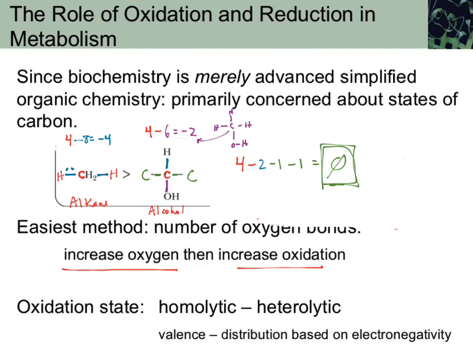The other way is to go through and say, well, what happened to the amount of oxygen bonds? Did the oxygen bonds increase? That's oxidation. Did they decrease? That's reduction. What if the amount of oxygen bonds does not change? They're equal, so is it reduction or is it oxidation? Neither. Nothing happened. Okay? No reduction or oxidation happened.